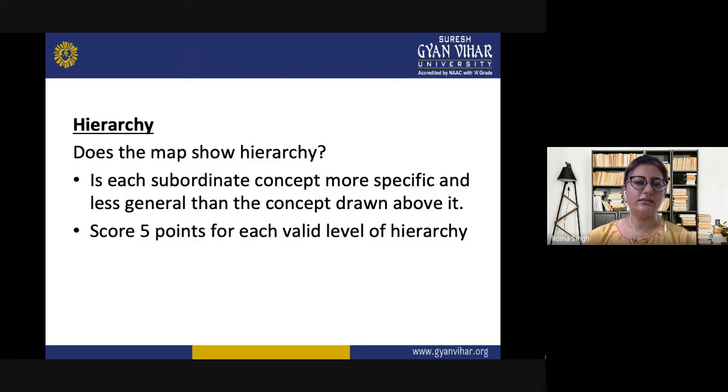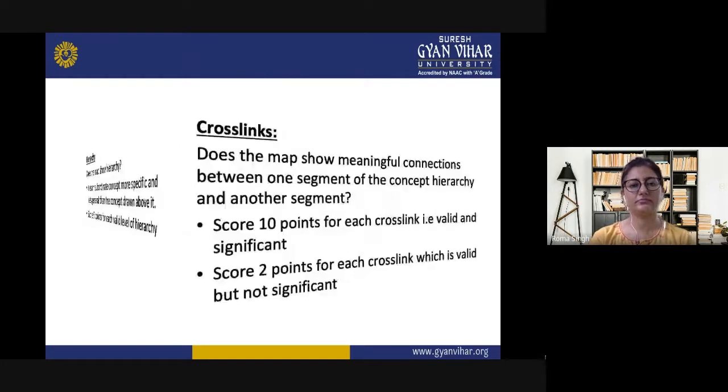And then the concept which has been drawn is properly drawn. So you can give some scores. You can arrange that. The scoring process can be done. So you can allot a few points to them for each valid level of hierarchy.